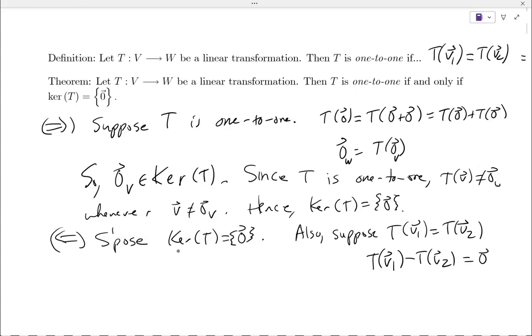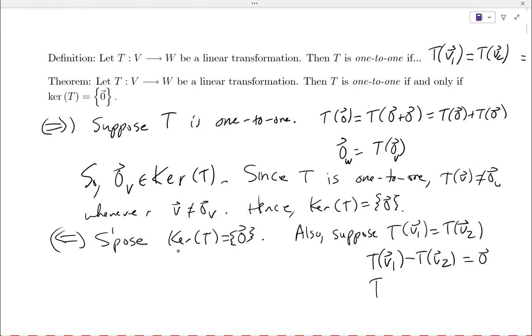What can I do on the left-hand side? Actually, they're equal. The property of transformations. What can we do on the left-hand side?